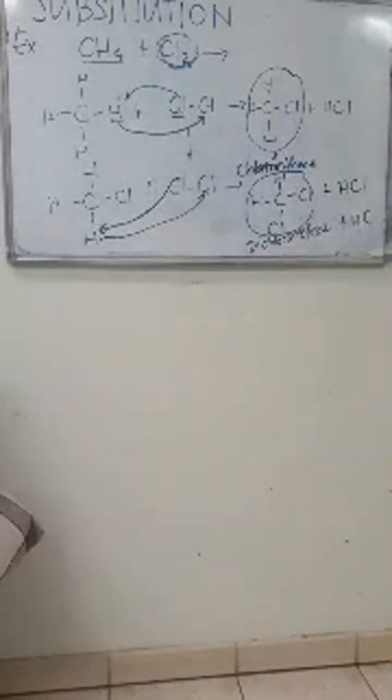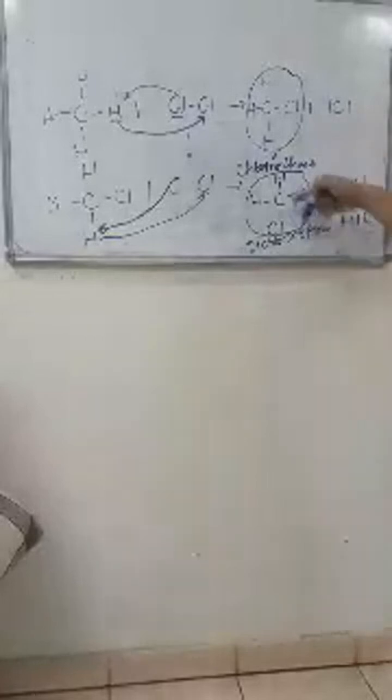Let's write at the top dichloromethane. So let's forget for a while this one. We'll come back to that later on. I will make my writing small so that I can save space. Dichloromethane, copy the structural formula.